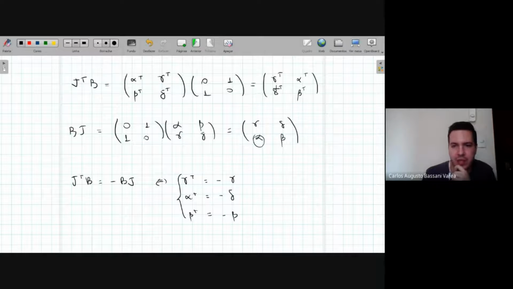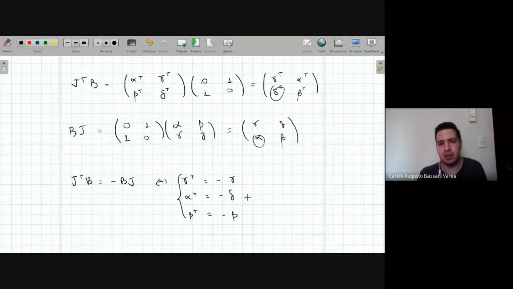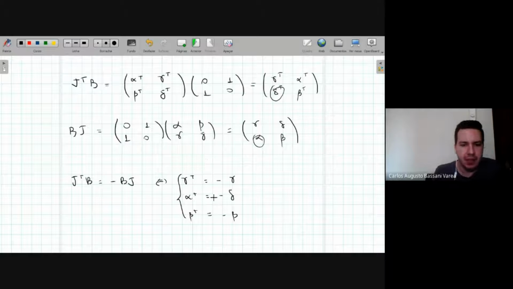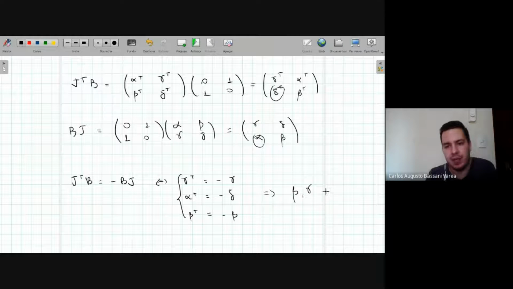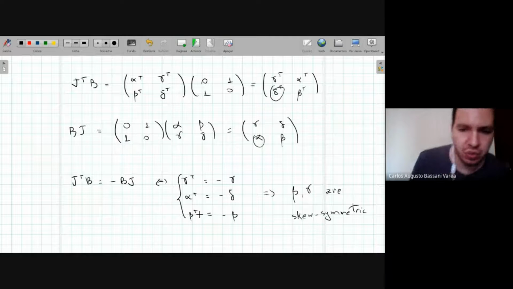Here we have an equivalent condition of the second one. Okay, and it means that beta and gamma are skew symmetric, and we have that alpha transpose is equal to minus delta.